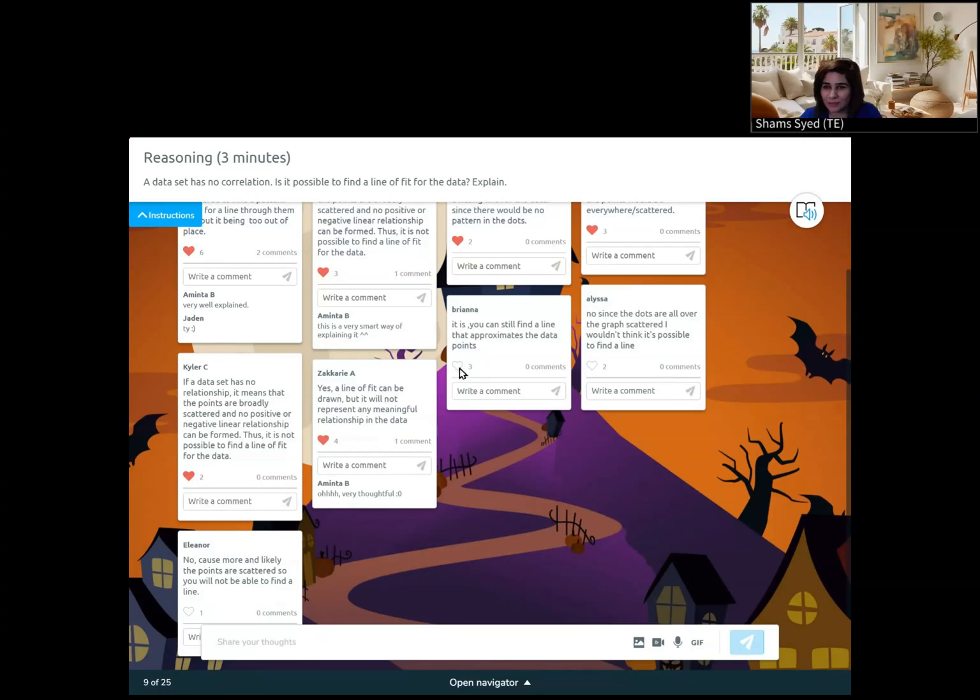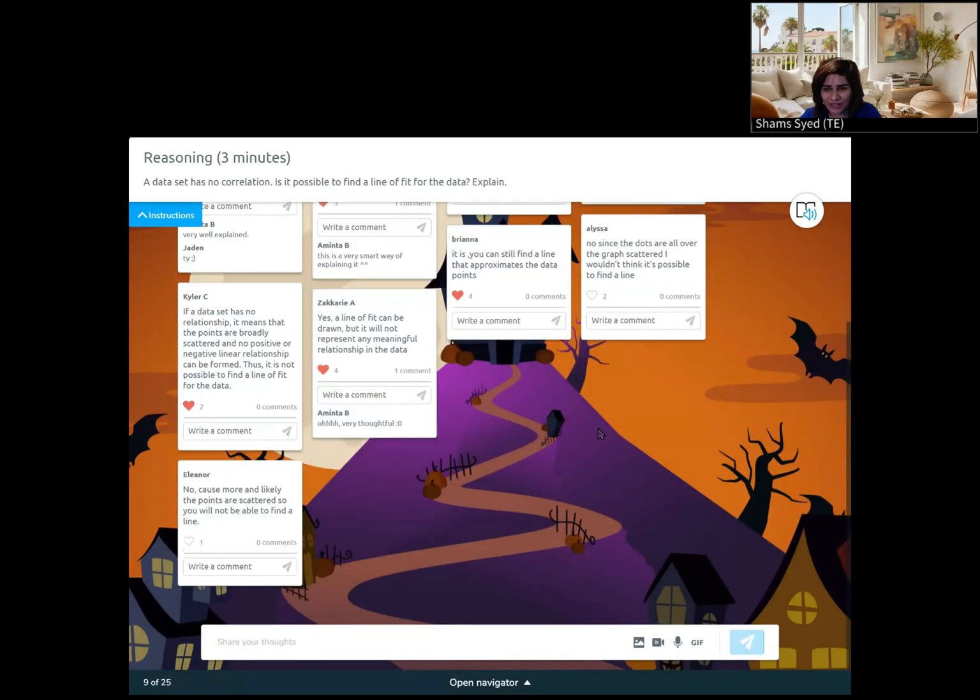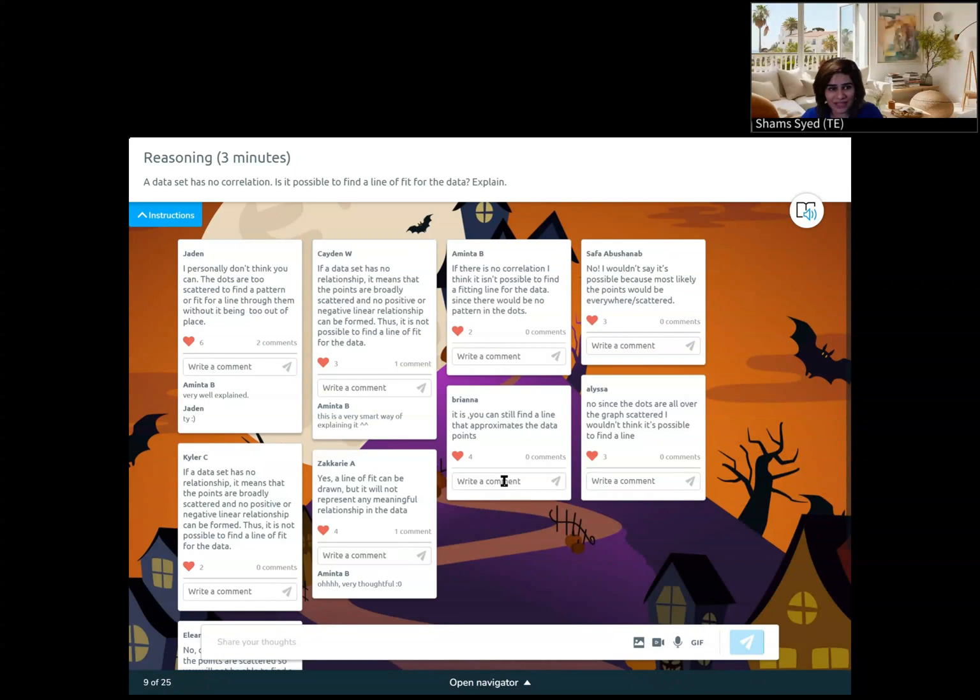Absolutely. Brianna, it is. You can still find a line that approximates the data points. Alyssa, no. Since the dots are all over the graph scattered, I wouldn't think it will be possible to find a line. And Eleanor has the final post, and Eleanor says, no, because more than likely the points are scattered, so you won't be able to find the line. Such wonderful contributions and nice good practice of a thoughtful, well-composed piece of writing.